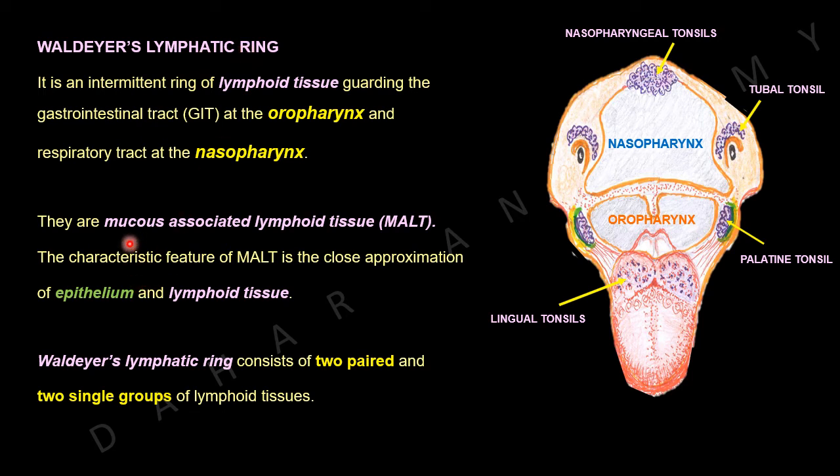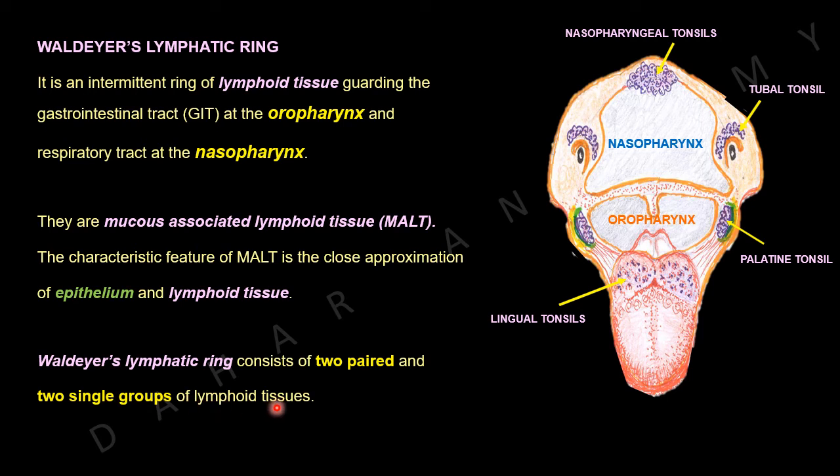They are mucosa-associated lymphoid tissue, MALT. The characteristic feature of MALT is the close approximation of epithelium and lymphoid tissue. Waldeyer's lymphatic ring consists of two paired and two single groups of lymphoid tissue.